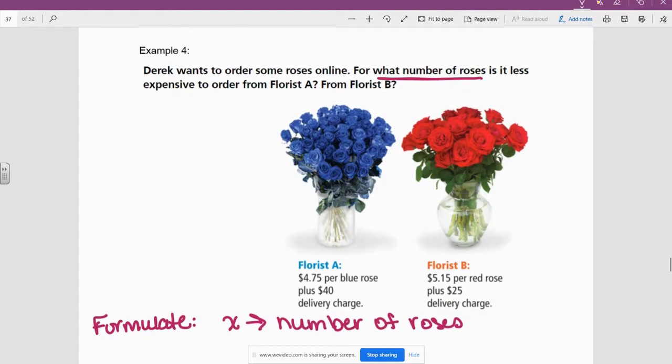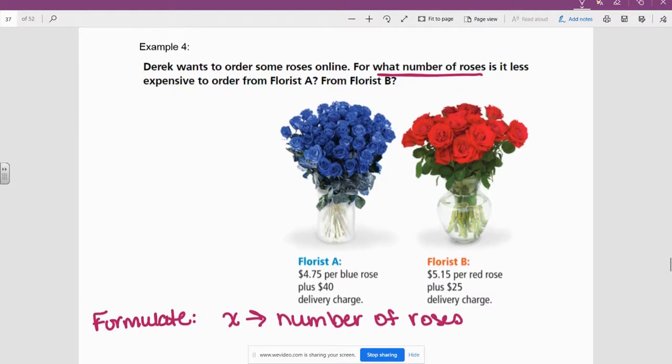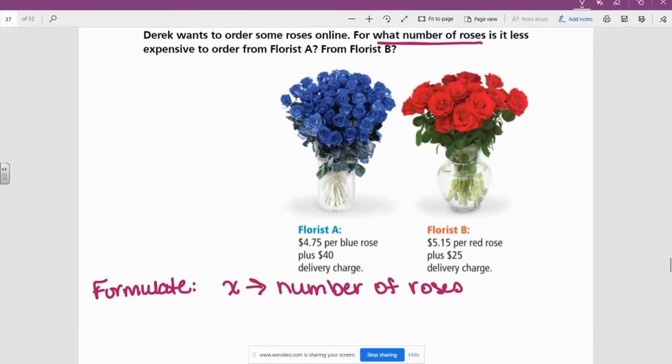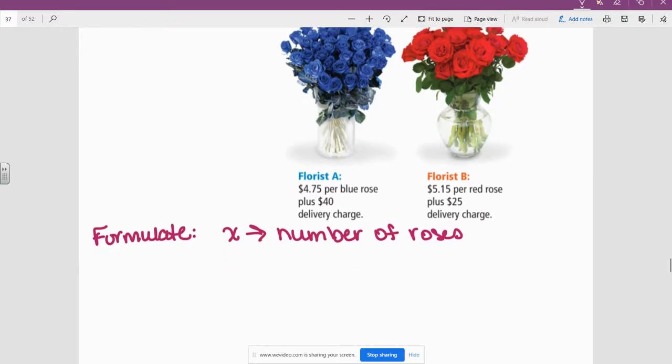Okay, so if I look up here, it says, for what number of roses is it less expensive to order from florist A than from florist B? So I'm going to set up an inequality that is going to test that idea.